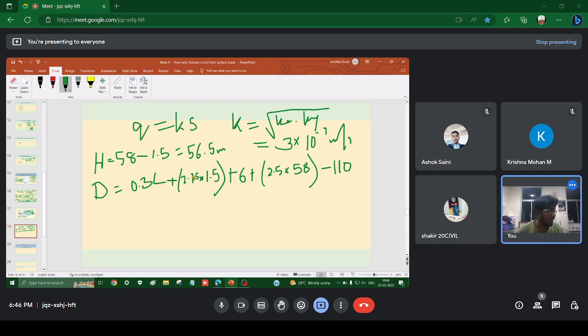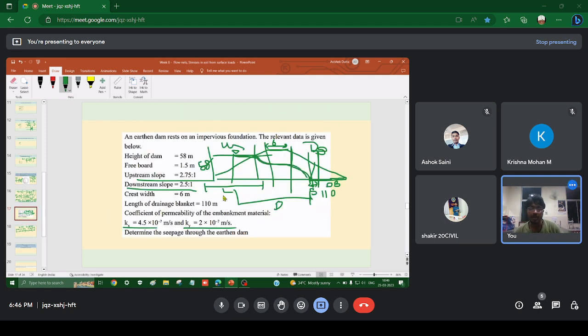What is the value of L? L will be equal to the distance from the beginning of the dam till the start point of the phreatic line. That is, this is L, where the phreatic line starts from the beginning of the dam.